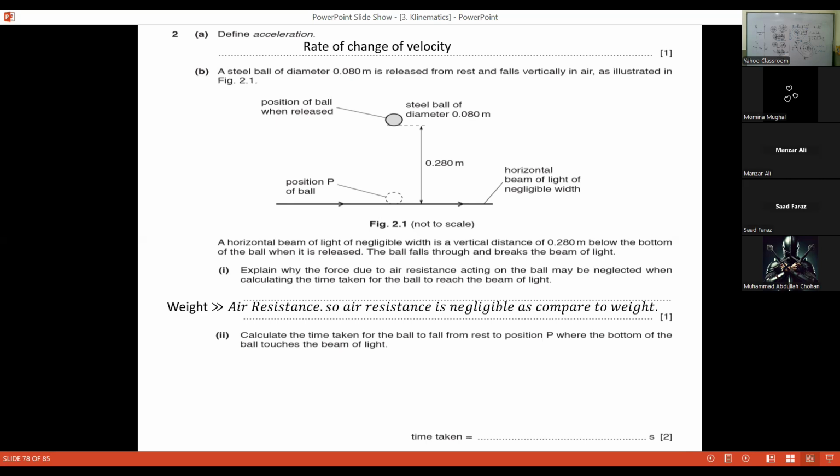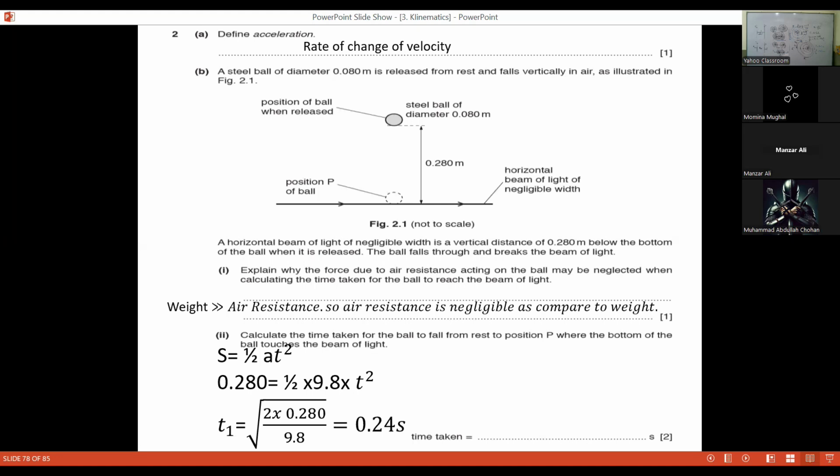How much time? We know that initial velocity will be 0. Distance is 0.28. And in this case, acceleration will be 9.81. So we will be using the formula S is equal to half AT square.